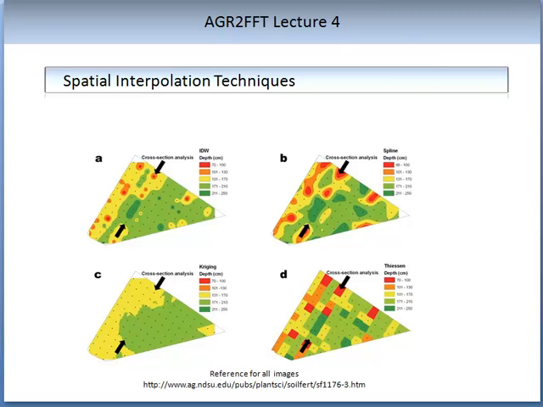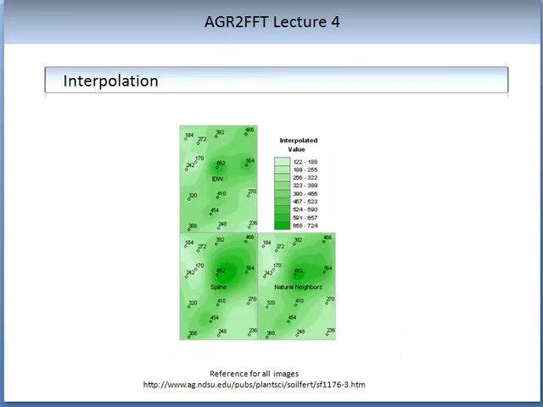Therefore, it is important that you understand some of the assumptions and the problems that are associated, as well as the advantages, with each of these different techniques. The following illustration shows both the interpolated data, that is the light green to dark green coloration on the slide, and the actual data points. They're shown as diamonds with the figures.